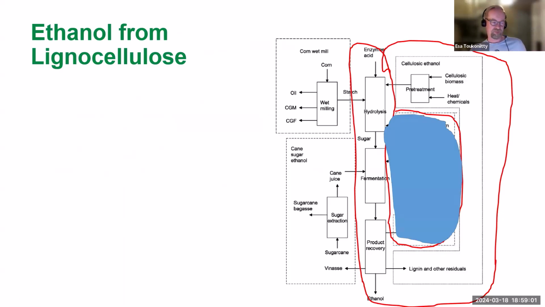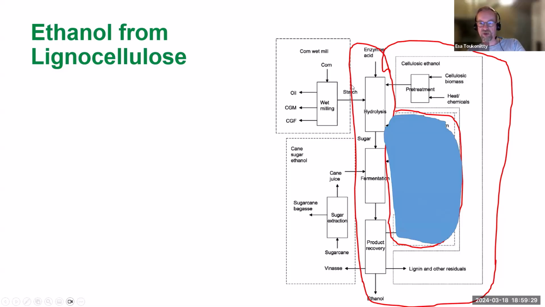However, these different steps, conditions, and processing are explained, so you can read it in the course textbook. And the last possibility to process this is the fourth alternative, the lignocellulosic route, and it's here.